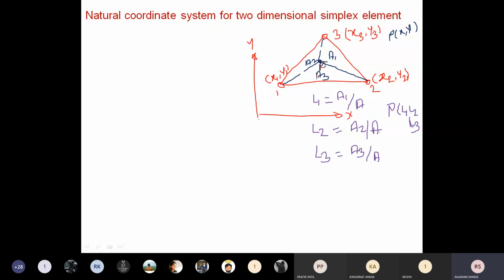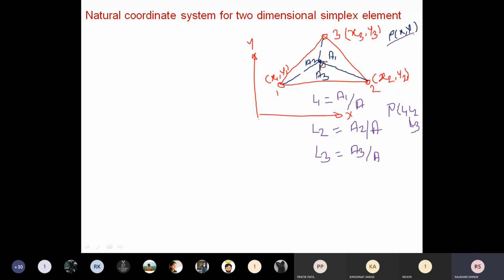The first natural coordinate is defined by the area opposite to node number 1 divided by the total area of the triangle. The second natural coordinate is defined by the area opposite to node number 2 divided by the total area of the triangle. L3 is A3 upon A. These are the natural coordinates of point P.